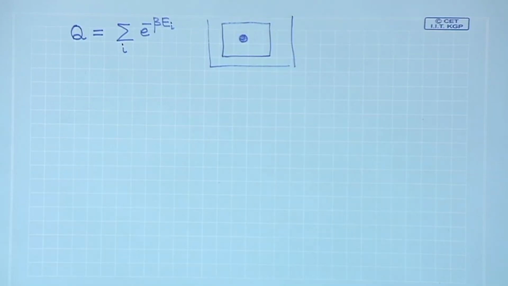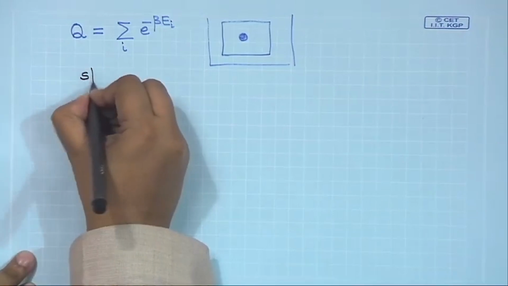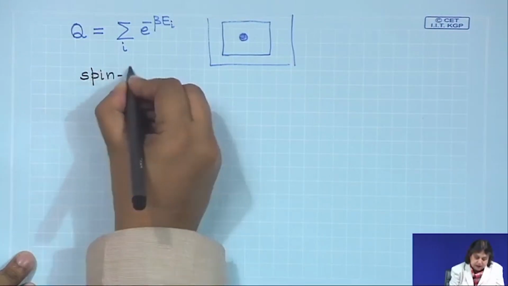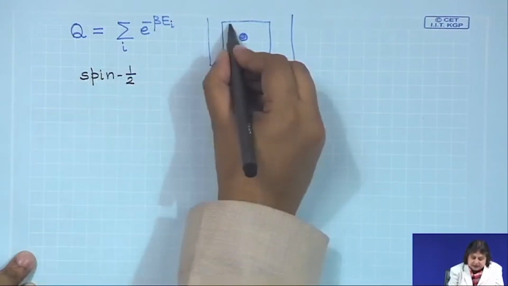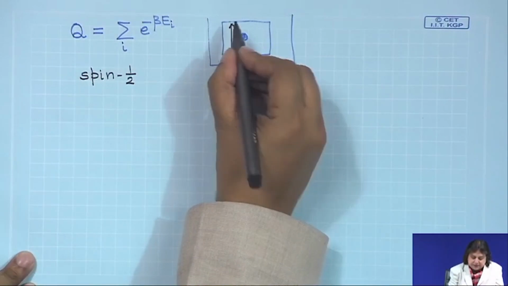This single particle in my first example corresponds to a spin half particle. I assume that there is a magnetic field H embedded inside the system.